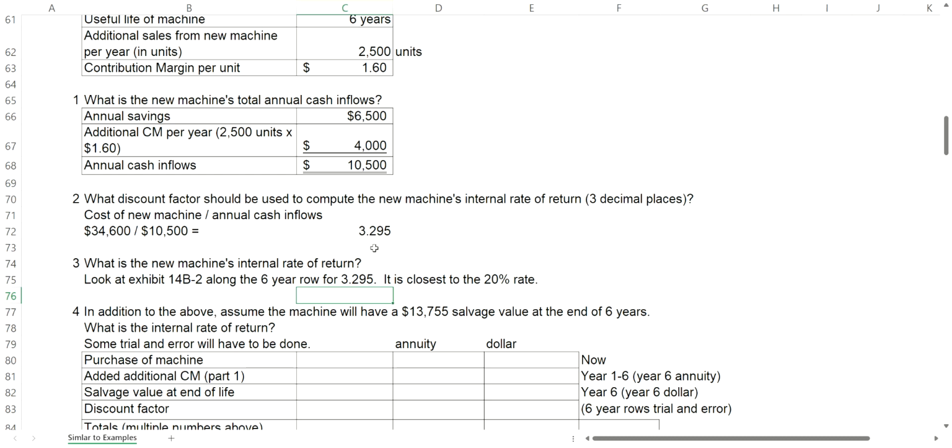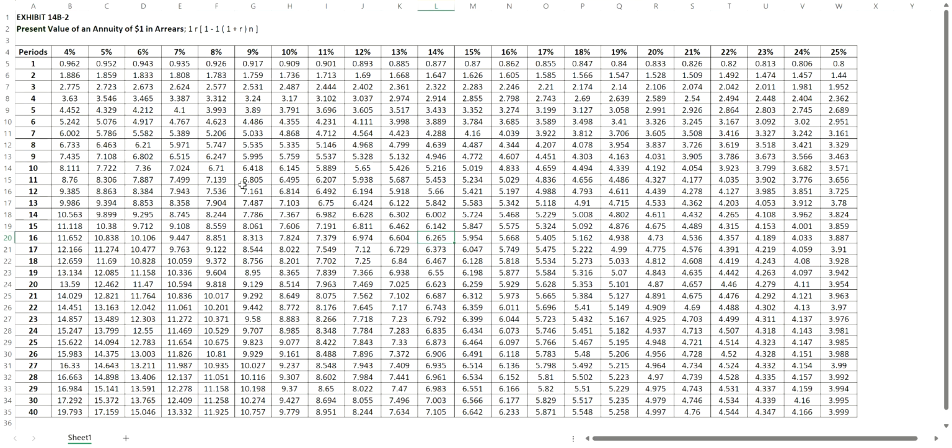In part 3, in order to determine what type of return we are getting, we are going to go to table 14B2, because that's the annuity table, and we're going to look across the 6-year row for the discount factor of 3.295 and see what percentage that is the closest to. Okay, so I'm going to bring up the annuity table.